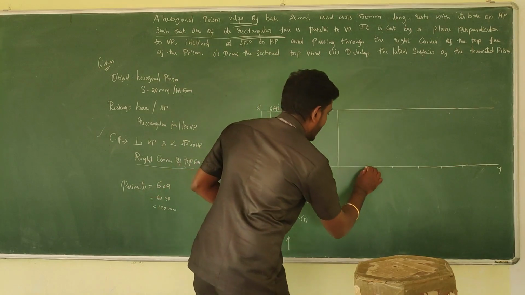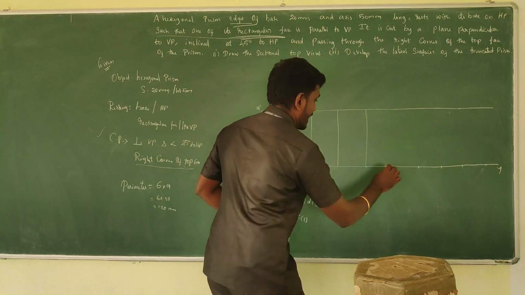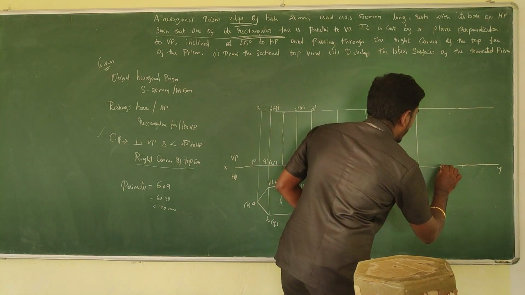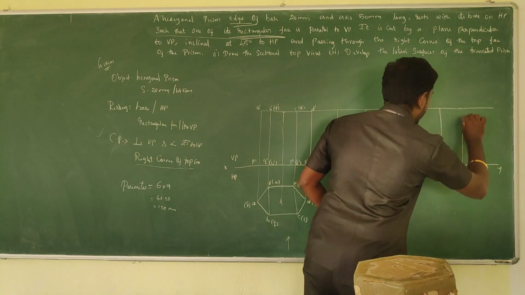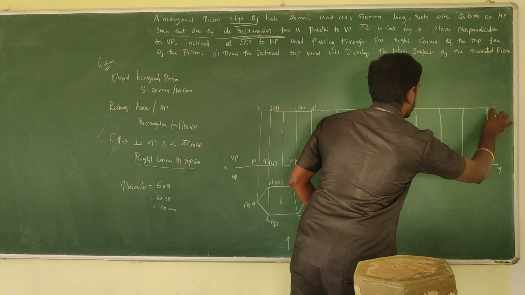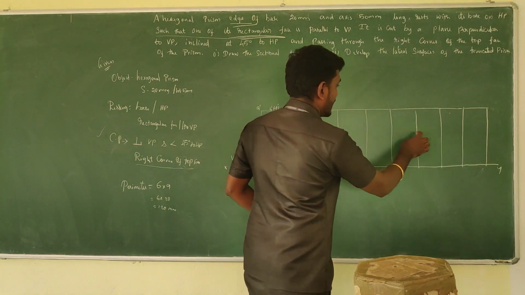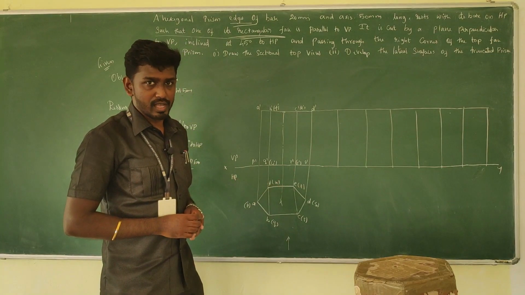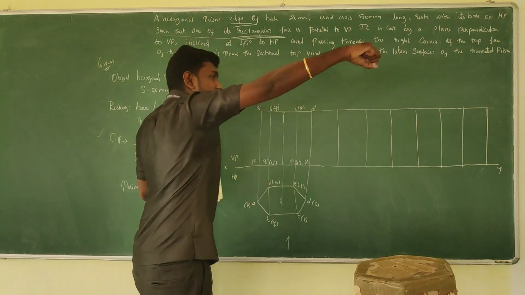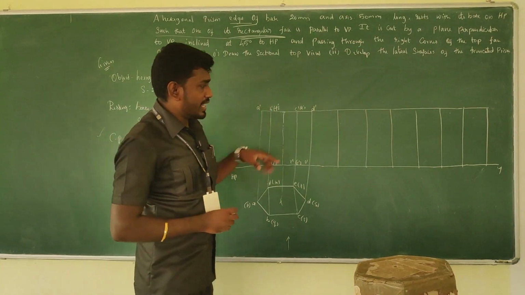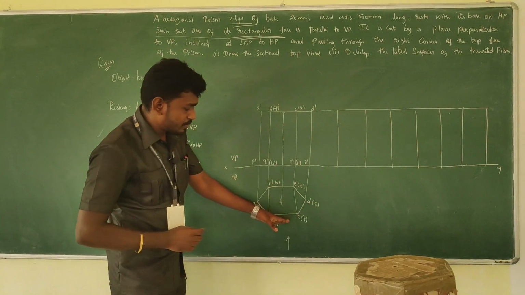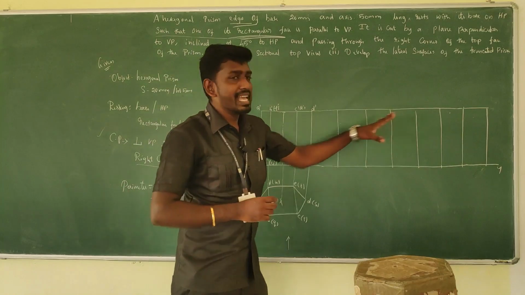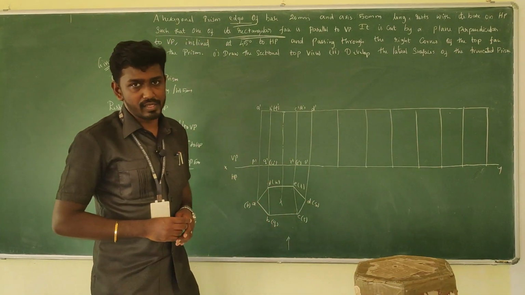Afterwards, from each and every cut point, draw a perpendicular 90-degree line. See, 1, 2, 3, 4, 5, 6. We got 6 rectangular faces. When you cut at the left extreme and stretch it out, we get rectangular faces corresponding to the number of sides. Here it is a hexagonal prism, so we got 6 rectangular faces.